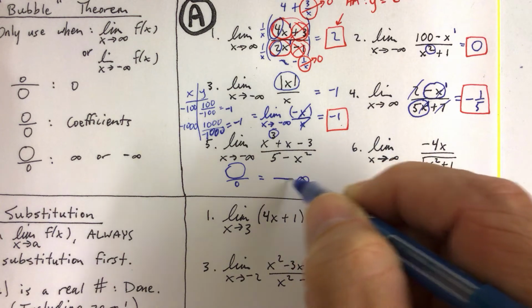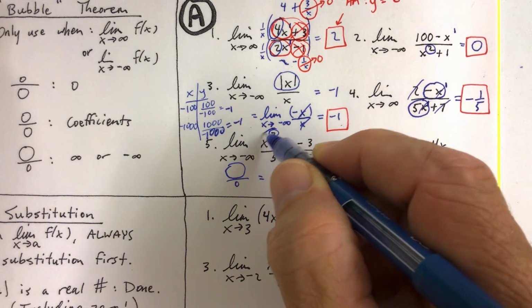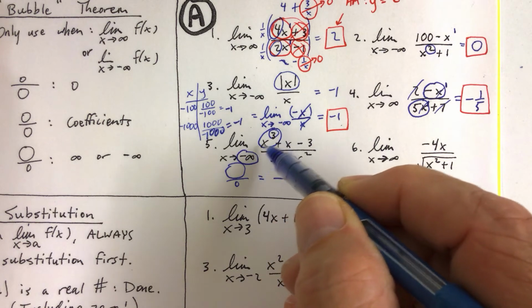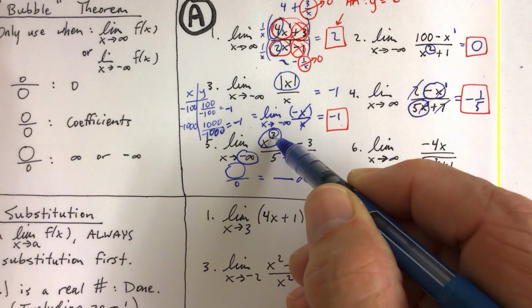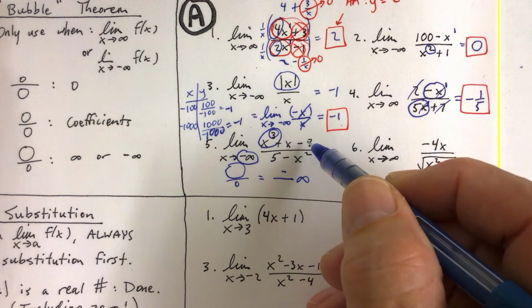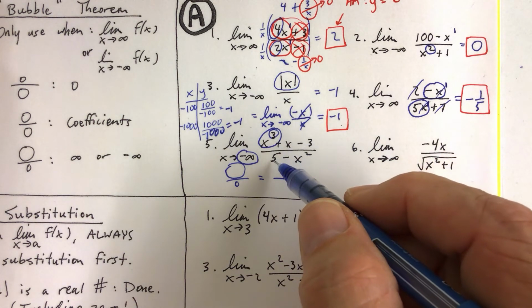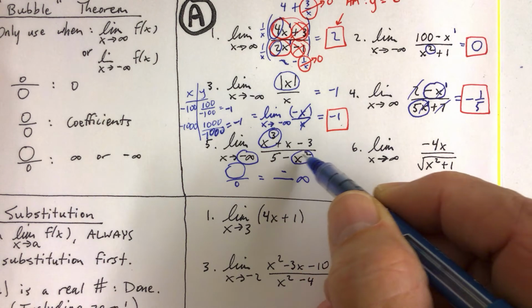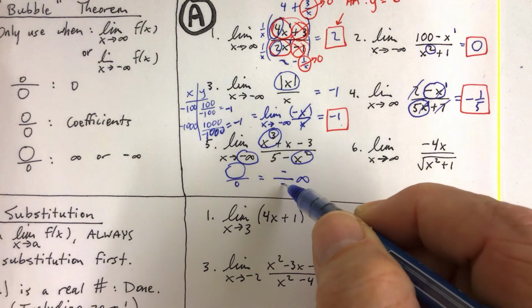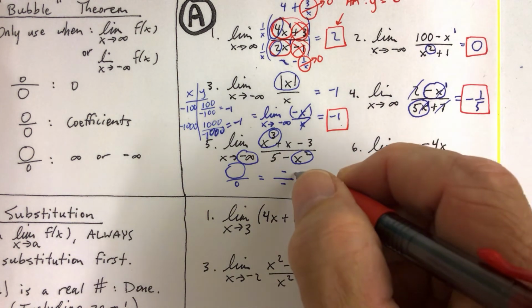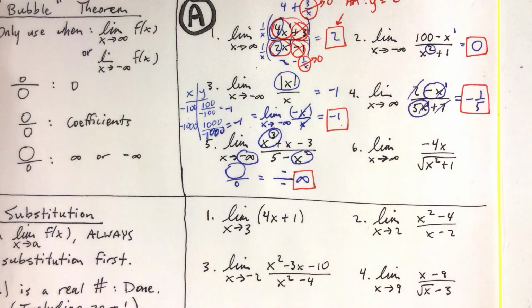The sign of the numerator will be generated by x approaching negative infinity, and when you take negative infinity and you cube it, you're still going to get a negative. So the numerator will be a negative number. The denominator will be 5 minus, now when you square a negative number, you get a positive number. So negative positive is going to be a negative. So therefore, negative divided by a negative is a positive, and so positive infinity is the value of that limit.